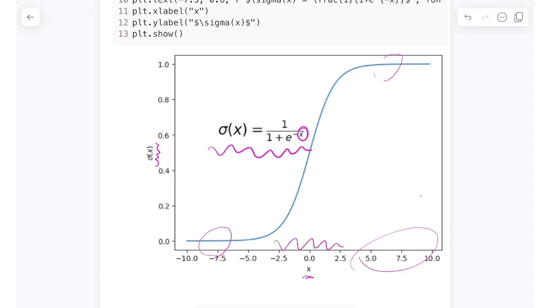The shape and the slope of this curve can change; it depends on your data. It can be like this one, or it can be like this one.